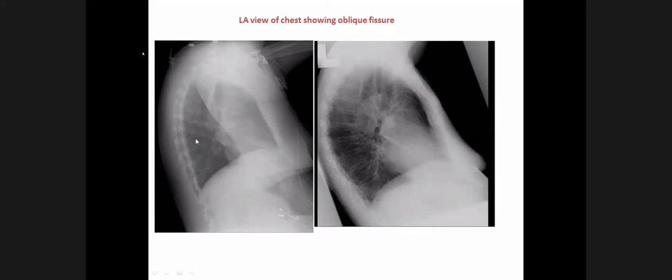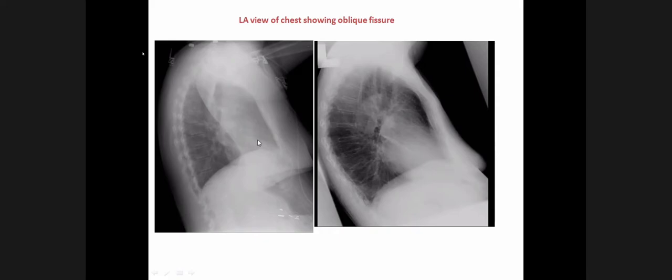If it is on the right side, this is a lower lobe. If it is on the left side, also this is a lower lobe. But anterior to the oblique fissure, it may be superior or inferior in the right. In the left, there is only one lobe.